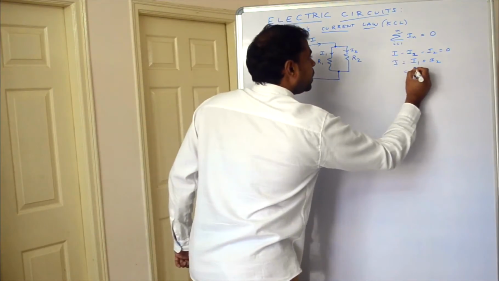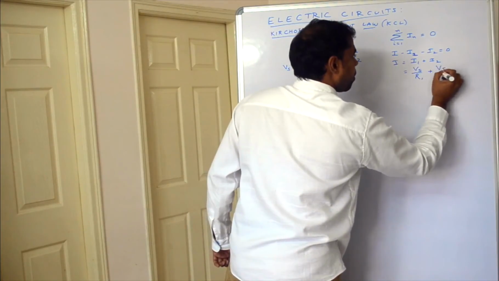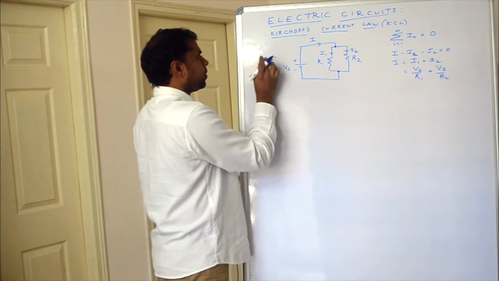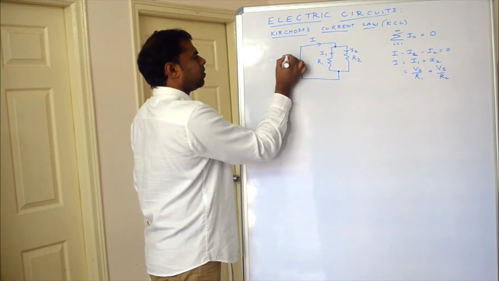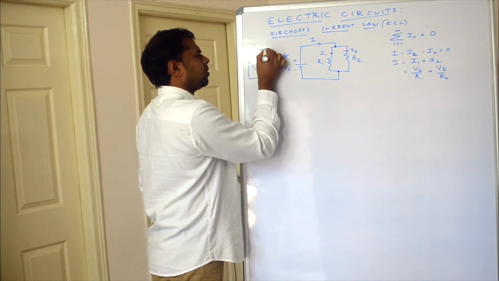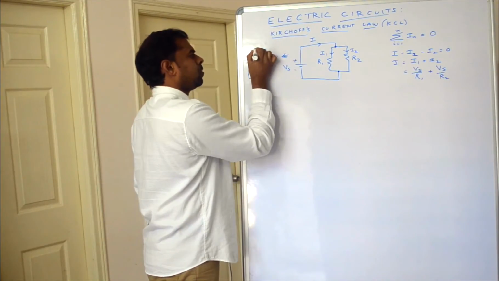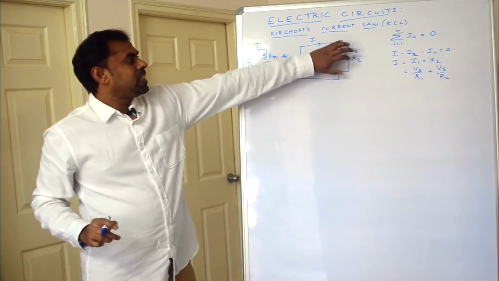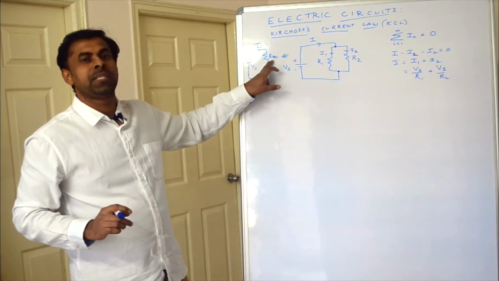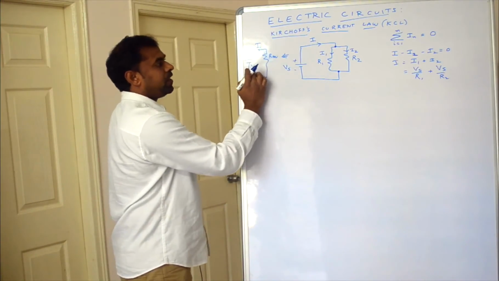If I substitute this one, similarly if I represent this resistance combination as the equivalent resistance, which I am representing as R equivalent, then current I is nothing but Vs by R equivalent.